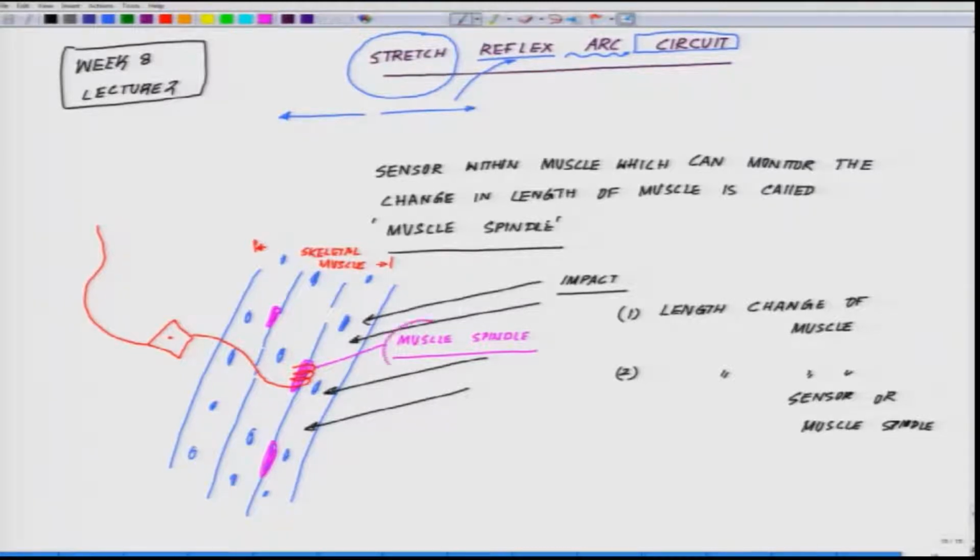If you remember, when we ended the last class, I told you that these muscle spindles are a specialized group of muscle. When the muscle differentiates into two different forms of skeletal muscle, skeletal muscle differentiated into two populations.